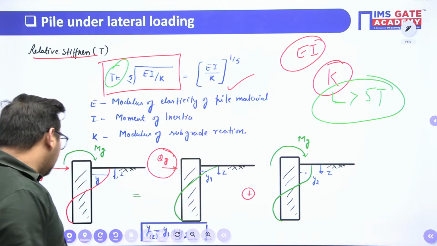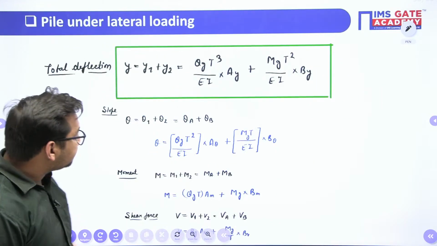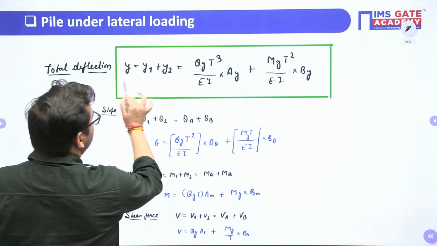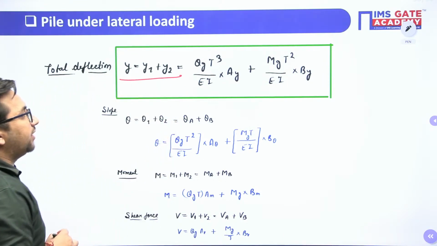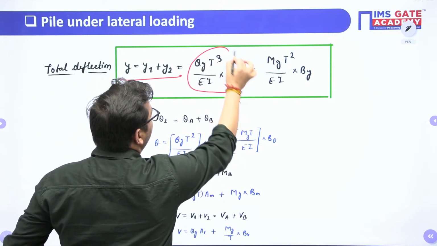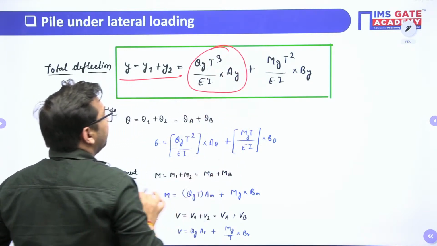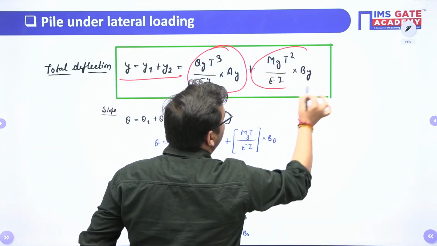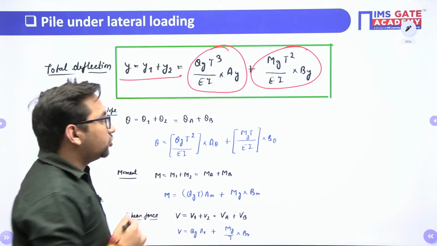So after taking into account all these factors, here is the formula for calculating deflection. y equals y1 plus y2, which is nothing but Qg into T cube upon EI into Ay, where Ay is the deflection factor due to load, plus Mg T square upon EI into By.